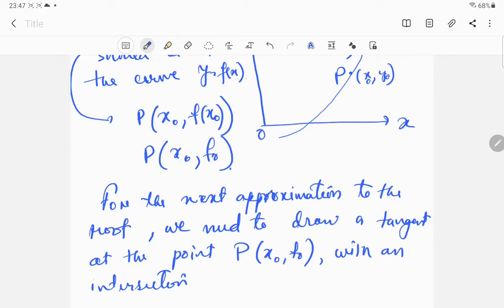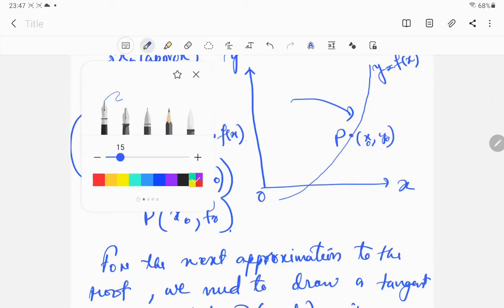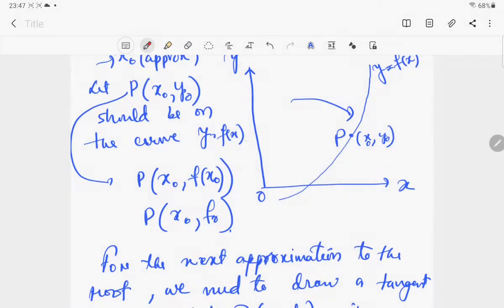We will have to draw the tangent in such a way that it intersects the x-axis. Let us draw that. Let me take a different color.